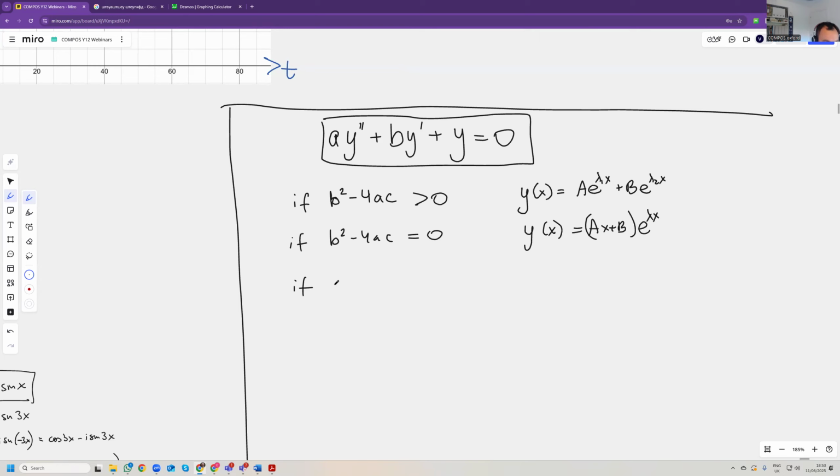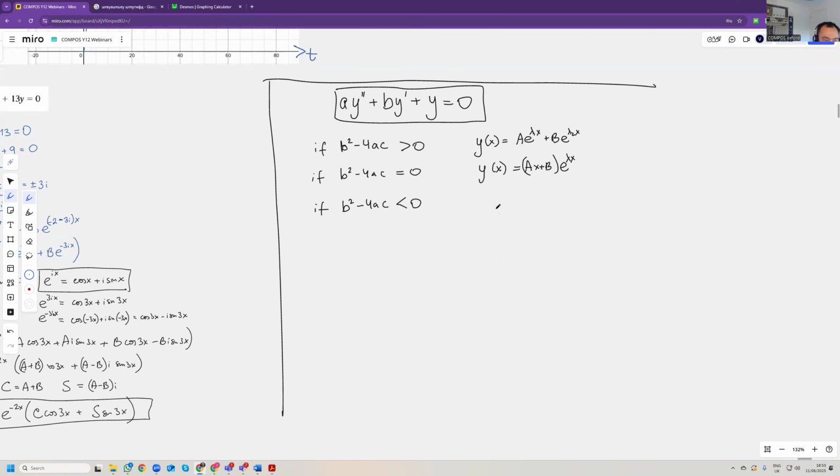And if b squared minus 4ac is less than 0, then lambda is p plus or minus iq, and y of x equals e to the power px, open bracket, a cos qx plus b sine qx.